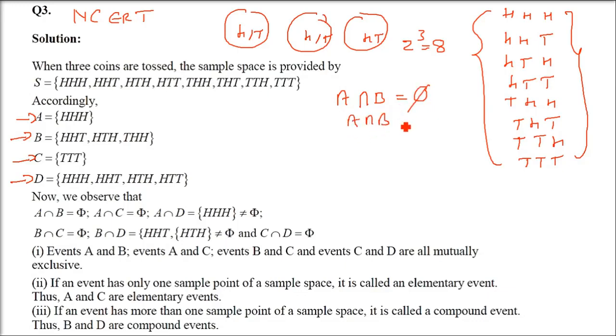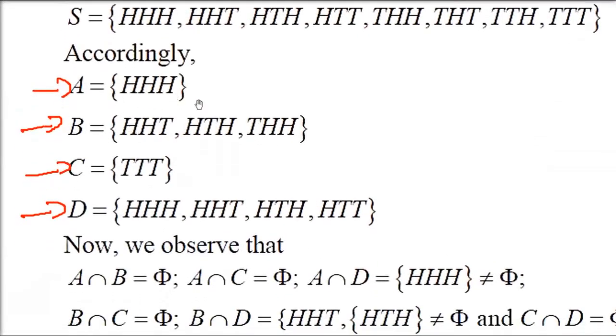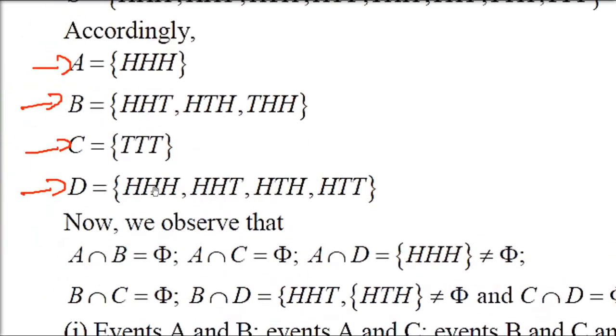If A intersection B is phi, they are mutually exclusive. But if A intersection B is not equal to phi, then they are not mutually exclusive. So A and B, what is common? Nothing is common. A and C, what is common? Nothing is common. A and D, what is common? Yes, HHH is common. So it's not equal to the null set.